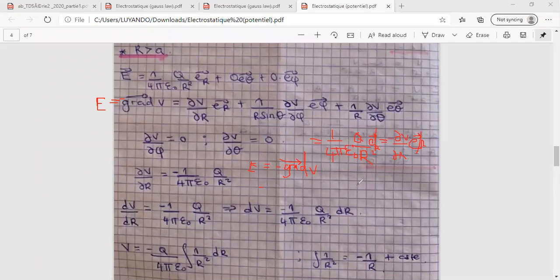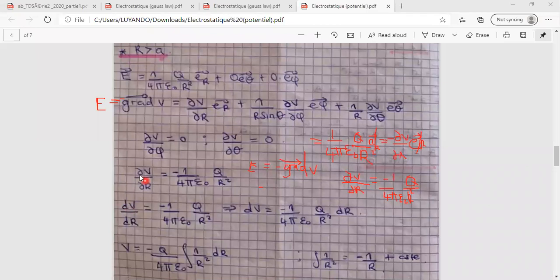If we do our math, dV over dr is equal to negative 1 over 4 pi epsilon 0, q over r squared, which is what I have here.